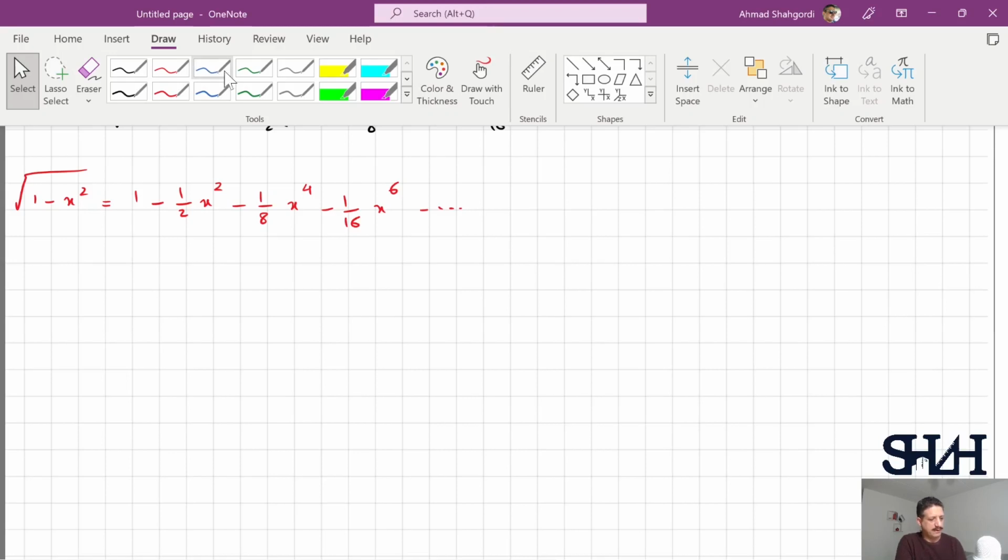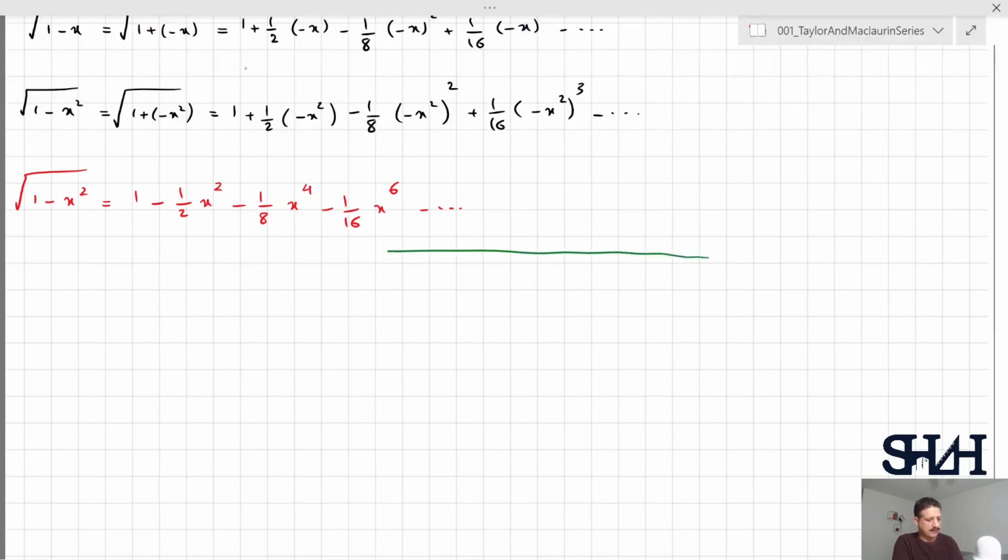Now, as far as we are familiar with this Maclaurin series, here I can write down that sin x when x approaches 0 is almost x. If you want more or higher orders, you can add that part as well. So cos x when x approaches 0 will be 1 minus x^2 over 2.